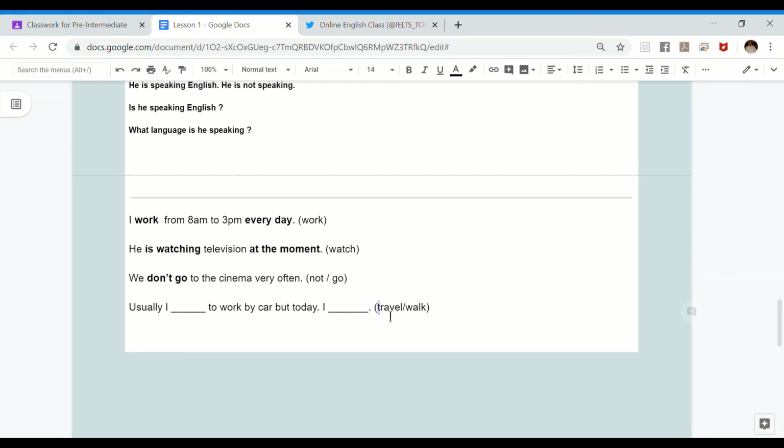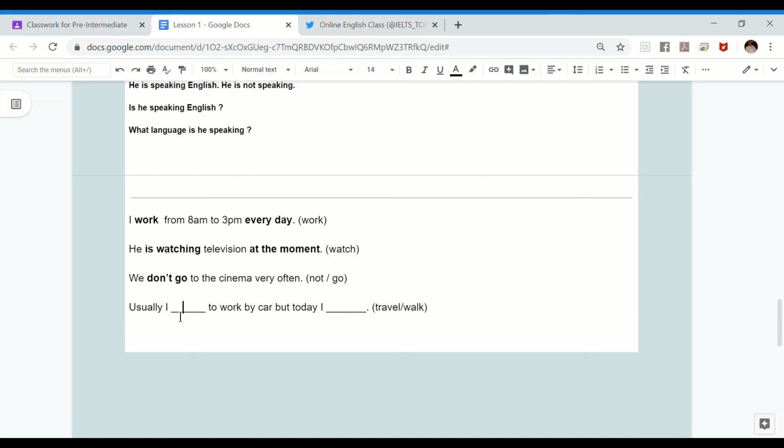Okay, we've got two verbs here. We've got travel and walk. We've got usually, I, to work by car, but today I. So, what do you think?